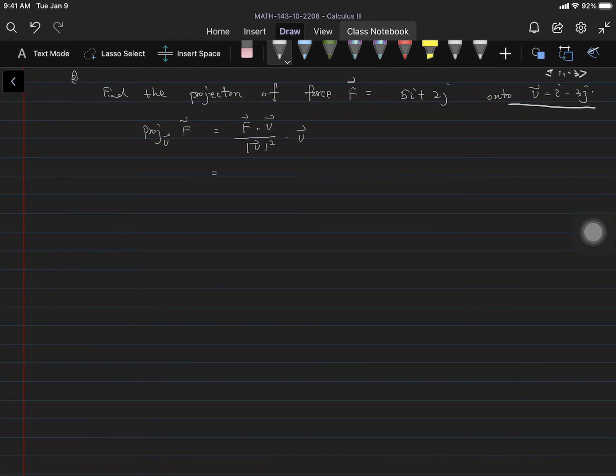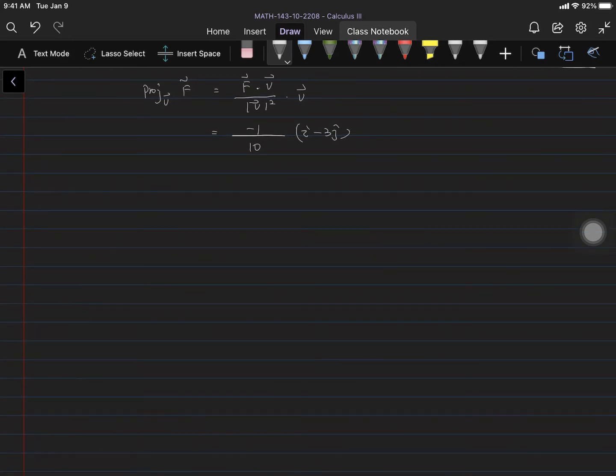Dot product should be 5 minus 6, so it should be negative 1. And the v length squared, so it should be 1 plus 9, should be 10. Okay, and then times i minus 3j. After we simplify, negative 1 over 10 i plus 3 over 10 j. That is the projection vector.